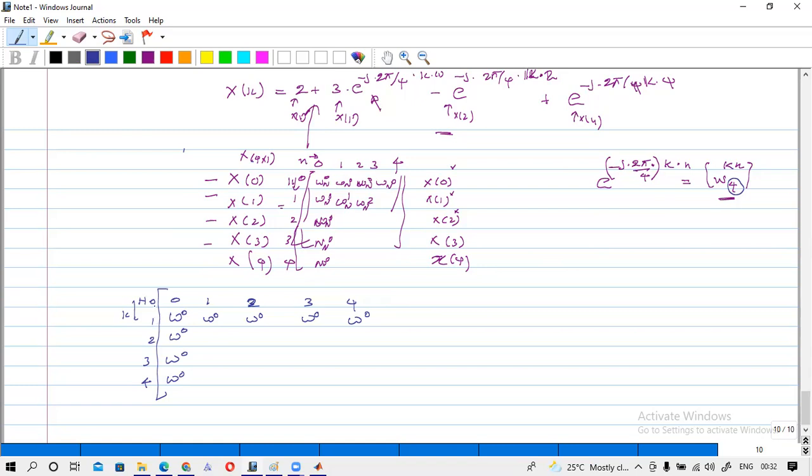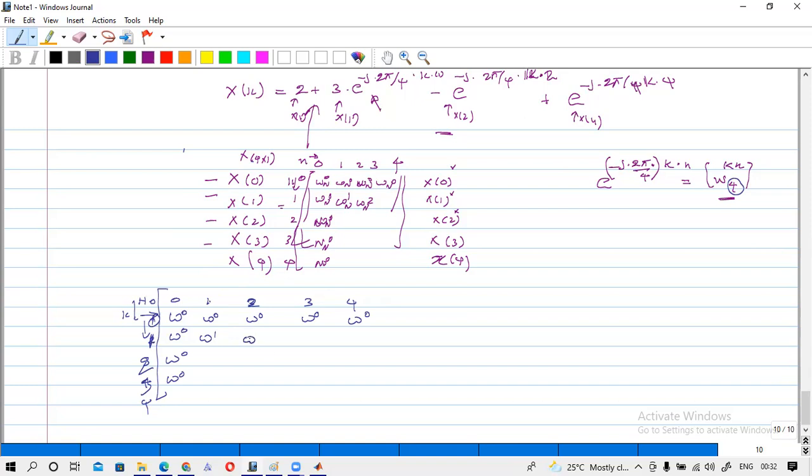from here, 0, 1, 2, 3, 4, because we start our matrix from here. So this will be 0, 1, 2, 3, 4, and this will be 0, 1, 2, 3, 4. So this will be w1, because n1 k is 1.